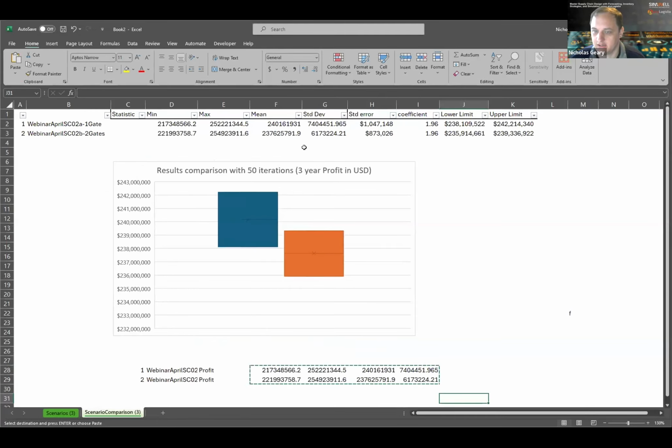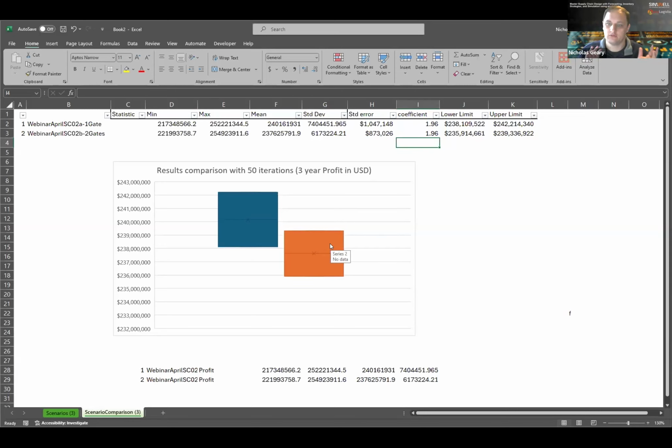All I did here is I went to our scenario comparison, looked at our profit numbers, and found our standard deviation error, our coefficients, and then our lower and upper limits. What I want to show here is just that our confidence intervals do overlap, which means that both results are very similar in reality, and with them overlapping, there might not be that large of a difference between having one gate and having two gates.